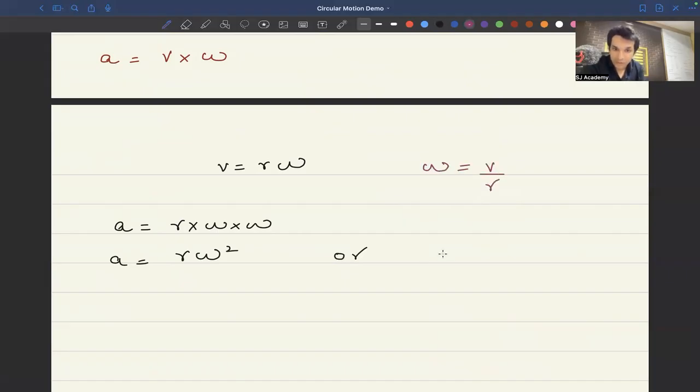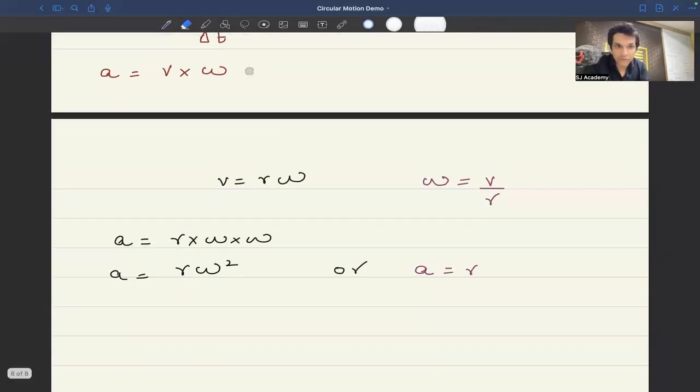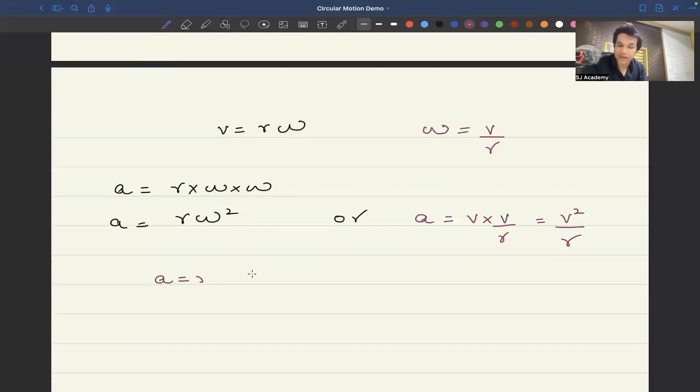So acceleration is equal to V multiplied by V upon R, and simplifying this, we'll get V squared upon R. So we have two different forms of finding centripetal acceleration. It could be R into omega square, or if we have the linear velocity given, we can write it as V squared upon R.